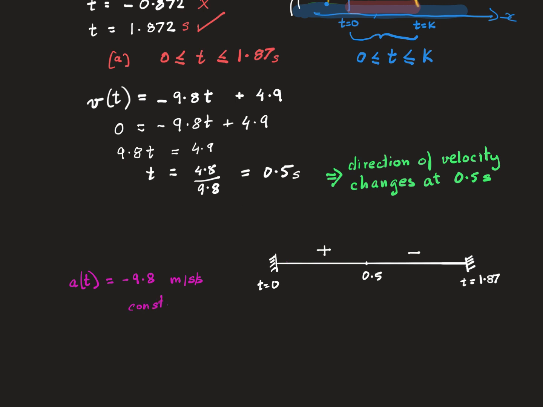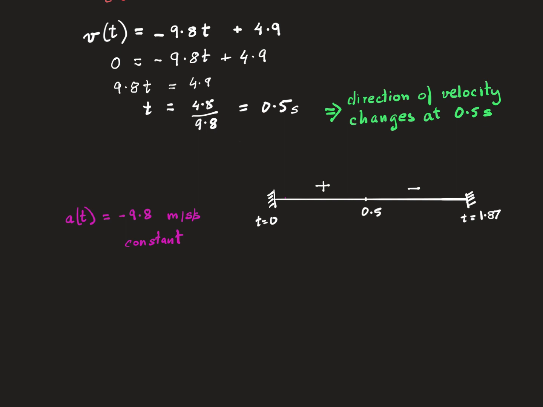So we can draw the sign diagram for that as well, and the sign diagram will look like this, again from here to there, with the same t being 0 here and finishing over at 1.87, but this time we have a negative number, so the whole thing is negative.